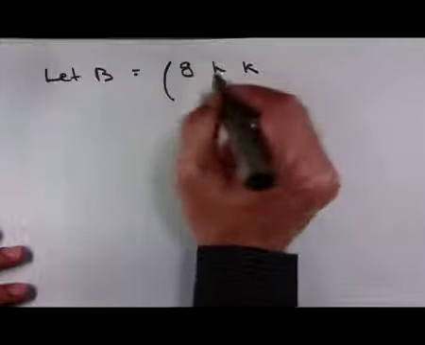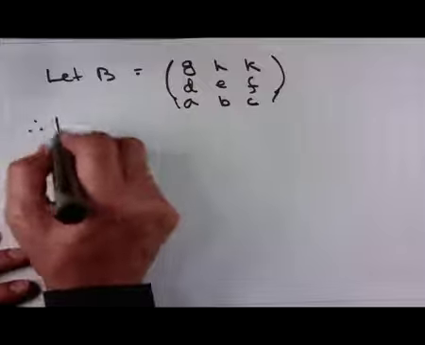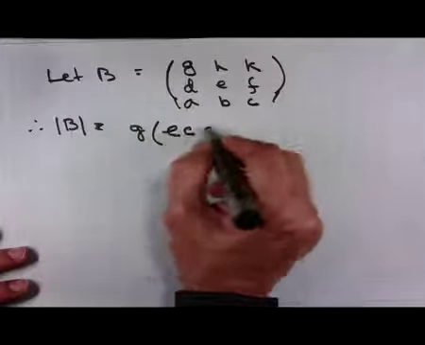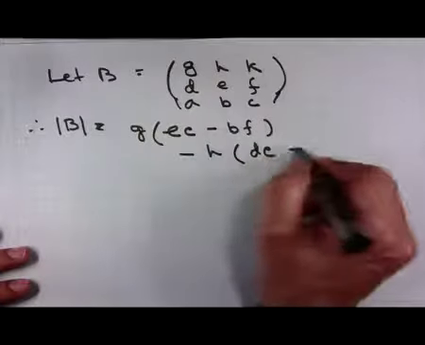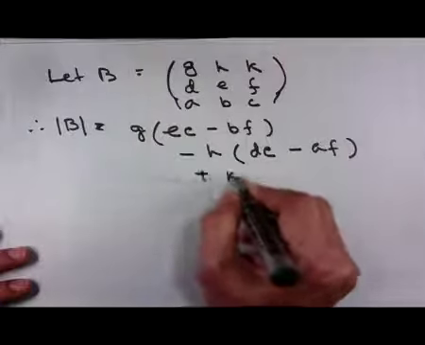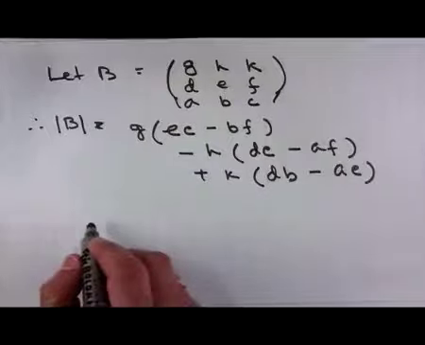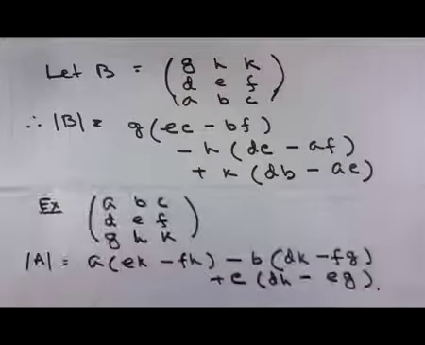So, the third row now becomes the first row, the second row remains as it is, and here we get the first row of A as the third row of B. Therefore, the determinant of B is equal to G into E C minus B F, minus H into D C minus A F, plus K into D B minus A E. Let us now compare with the expression of the determinant of A, which we have just obtained. And now let us consider the signs.